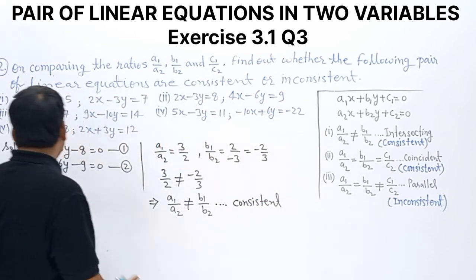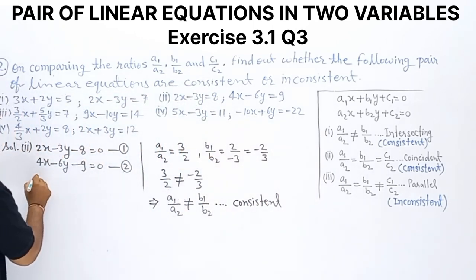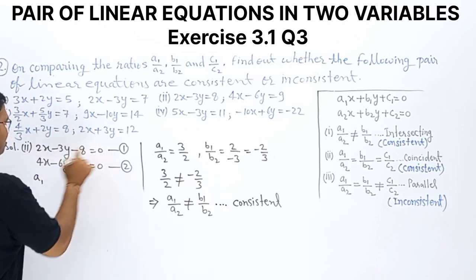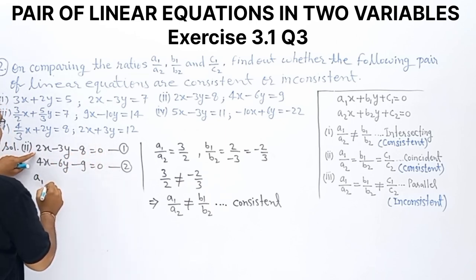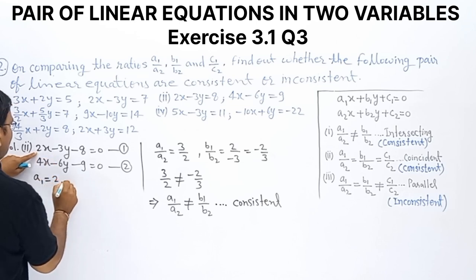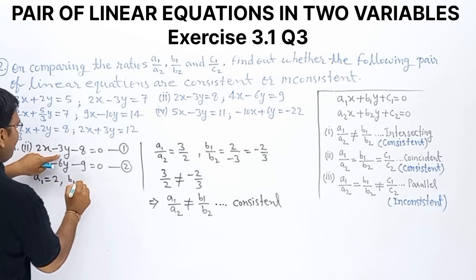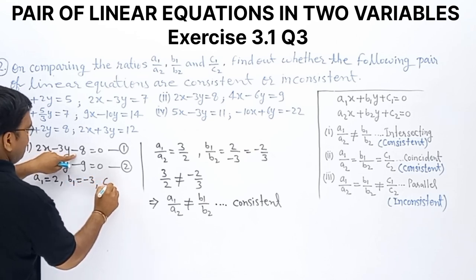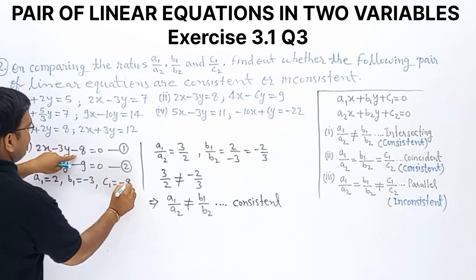Then what are we getting? Values of a1, b1, c1 and a2, b2, c2. From the first equation we can write a1, b1 and c1 values. a1 is the coefficient of x, b1 is the coefficient of y, and this is minus 3, and c1 is the constant term. So c1 equal to minus 8.